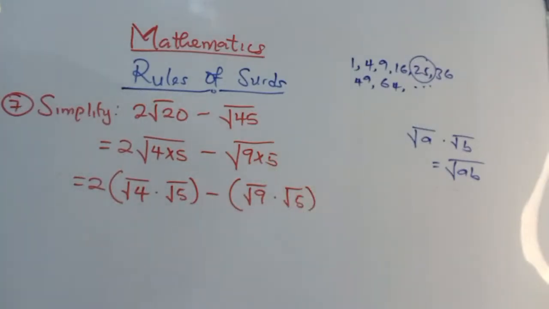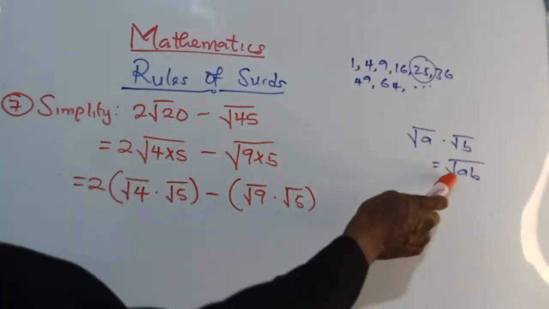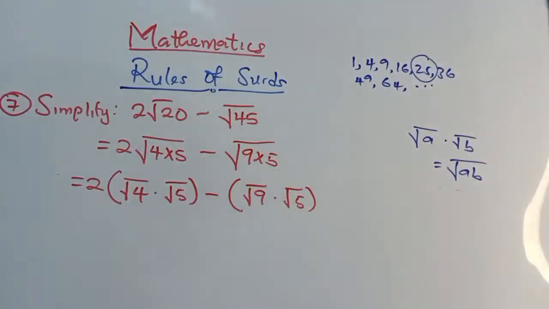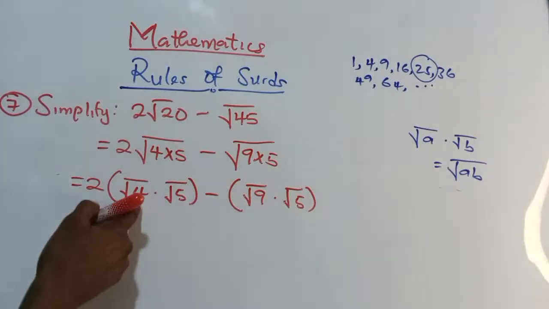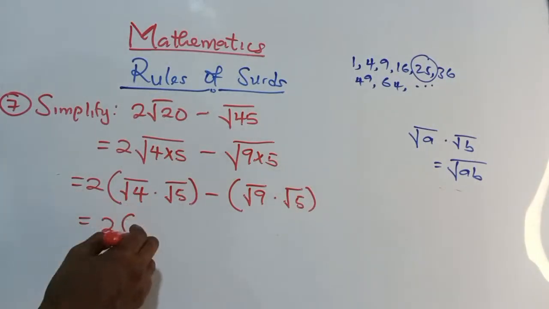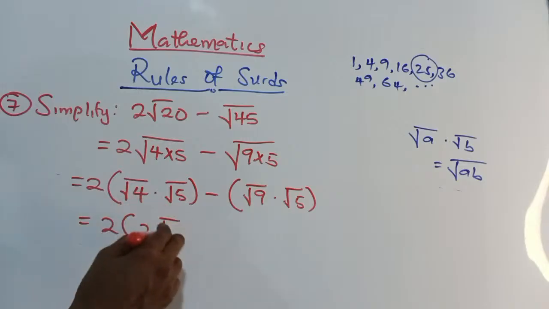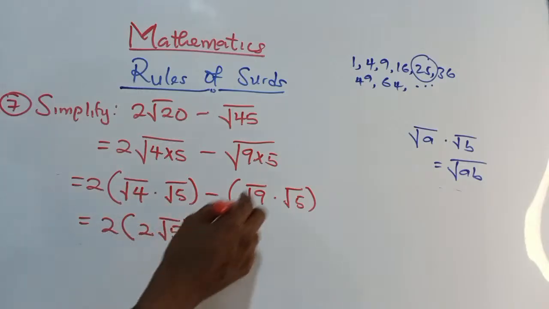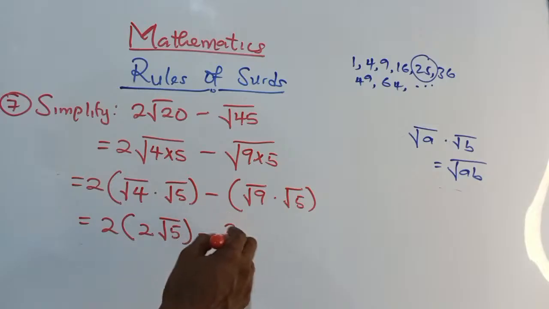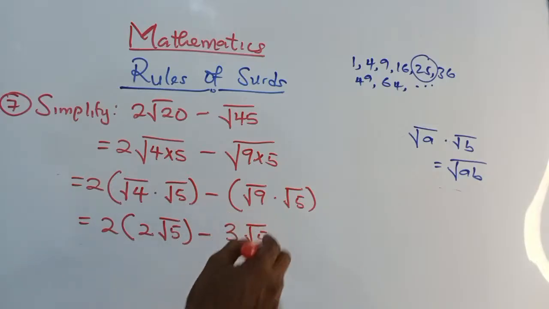Okay, so I have applied one of the laws, one of the rules of surds. So we can find square root of 4. Square root of 4 is 2, so that gives 2 root 5. Square root of 9 is 3, that gives 3 root 5.